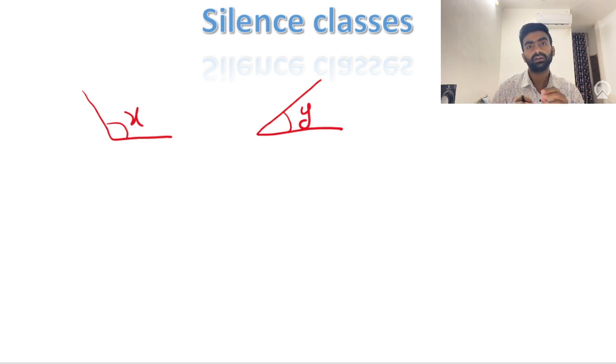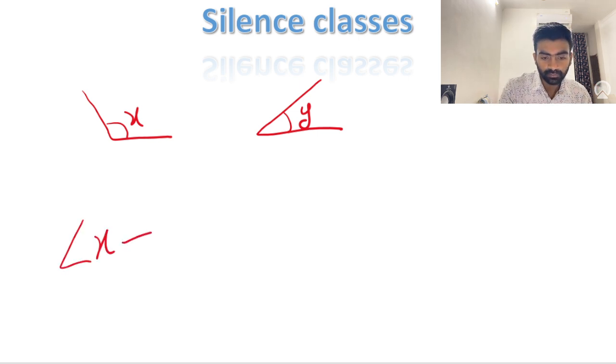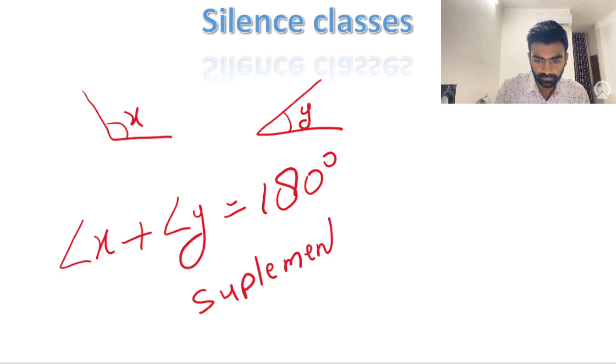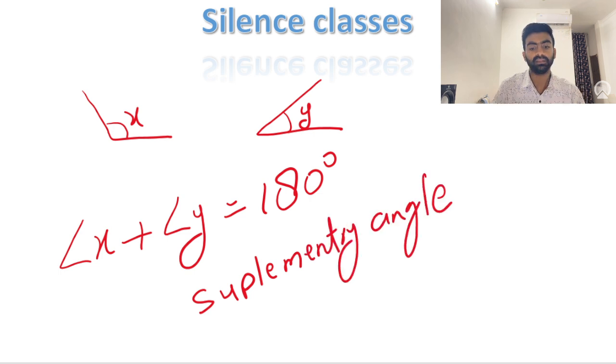If the angles are given to you like 30 degree and 150 degree, means the sum of angle x plus angle y should be 180 degree. If the sum is 180 degree, it is known as supplementary angles.